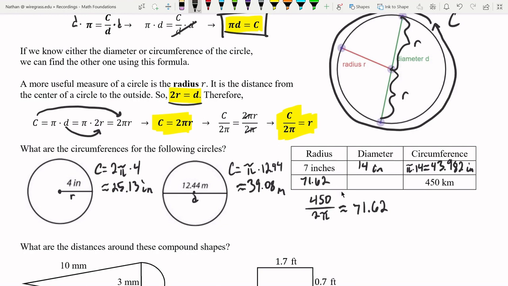And that means the diameter is just going to be twice this amount. So 71.62 times 2. The diameter is 143.24. And this is in kilometers for the circumference. So these are going to be in kilometers for the radius and diameter.